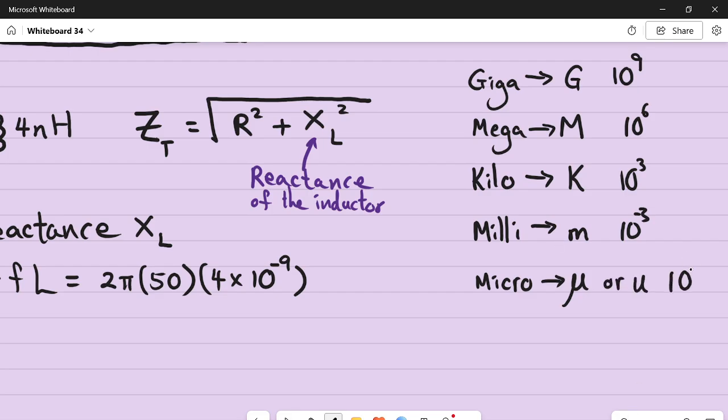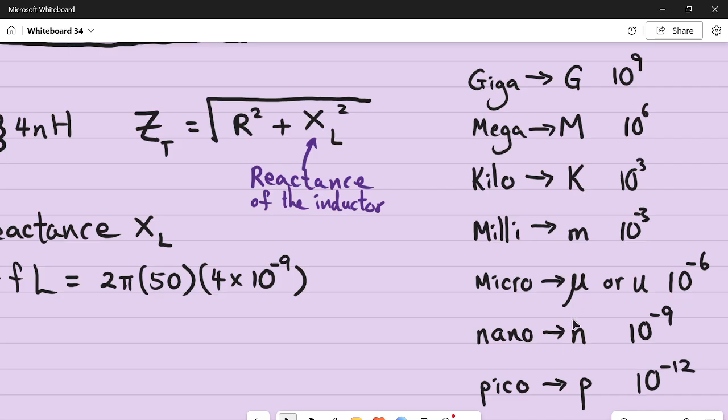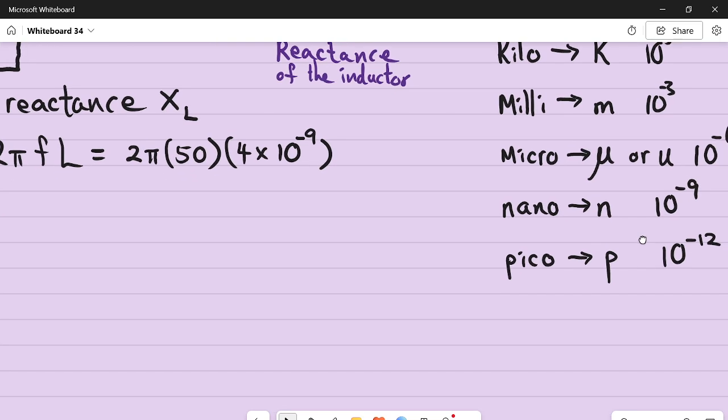So it's micro, which is -6. Then this is nano, little n, 10 to the power -9. And then pico, which is p, 10 to the power -12. And the answer, by the way, I got 1.25637061.